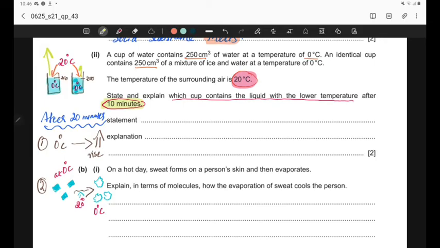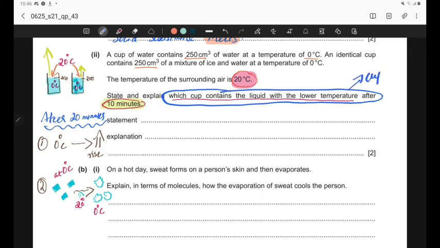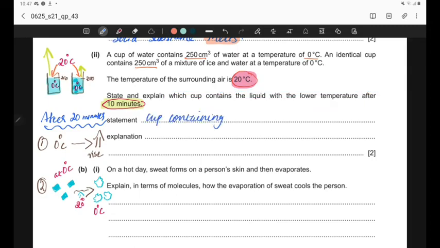Its increase in temperature will be a slow process. Therefore, which cup contains liquid with lower temperature after 10 minutes? Definitely it will be cup B, as cup B takes some of the heat just to convert from solid to liquid. So we can write that it is the cup containing the mixture of ice and water.